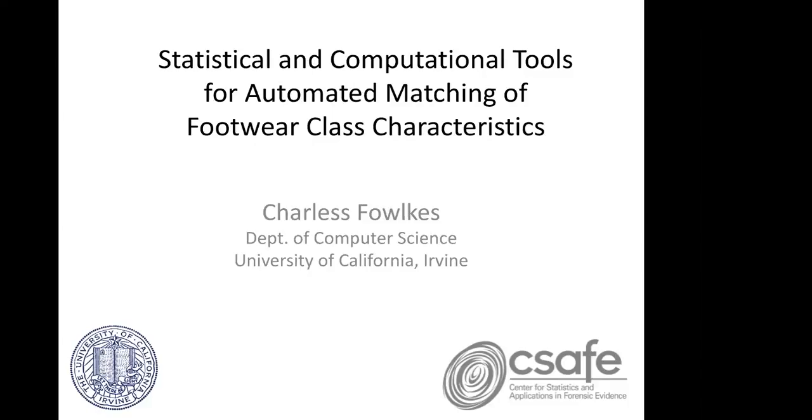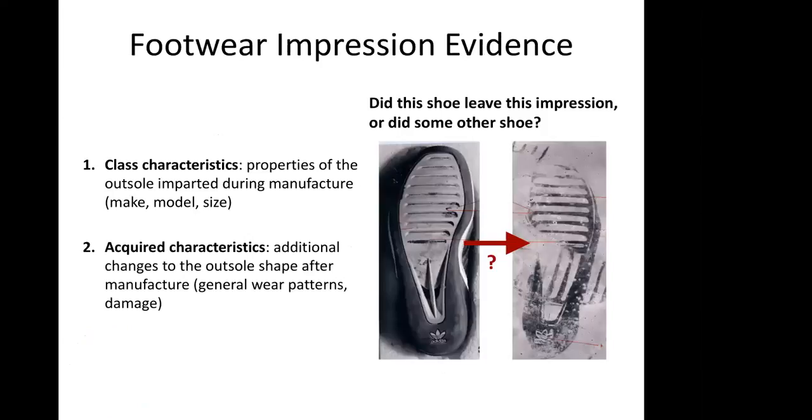Thank you very much. So the core activity in footwear impression examination is to try to understand whether a particular shoe is likely to have left an impression at a crime scene. Examiners generally break the aspects of footwear evidence down into two broad categories.